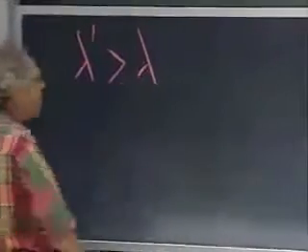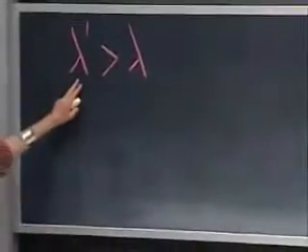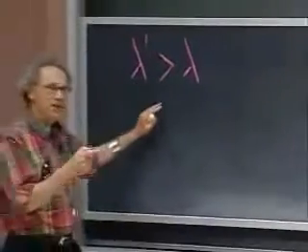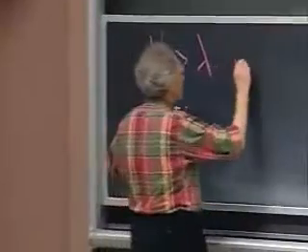If a particular discrete wavelength, for instance in our own laboratory, would be 5,000 angstrom, and I look at the star and I see that that wavelength is longer, lambda prime is larger than lambda, that means the wavelength, the way I observe it, is shifted towards longer wavelengths, in the direction of the red, and we call that redshift.